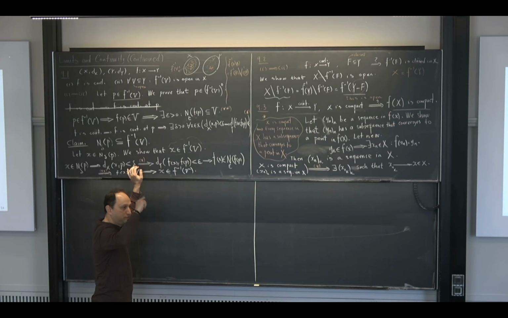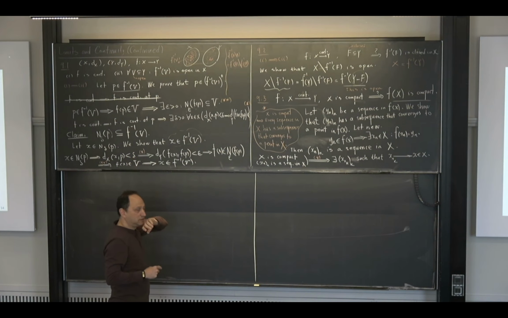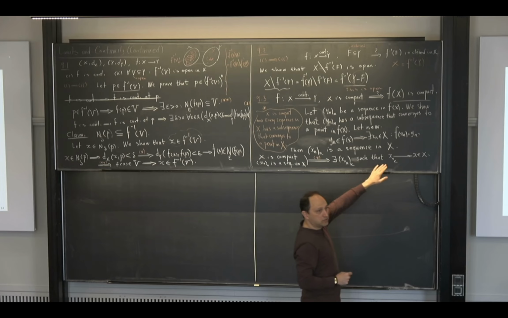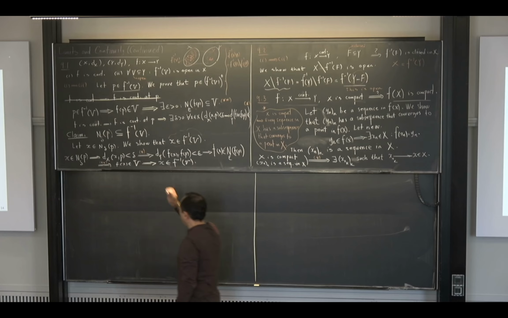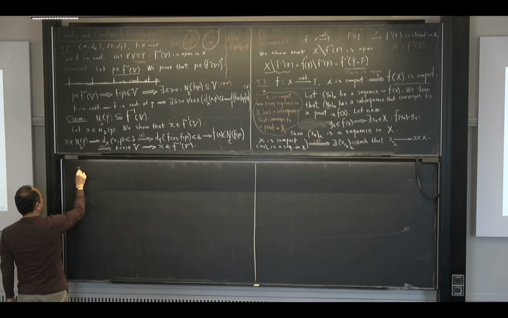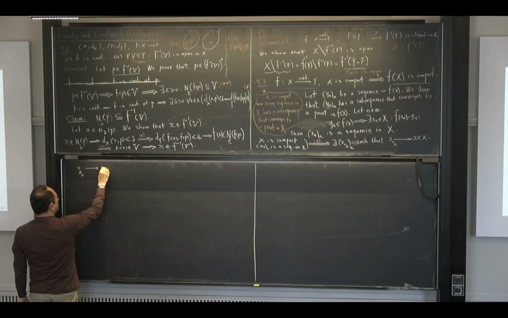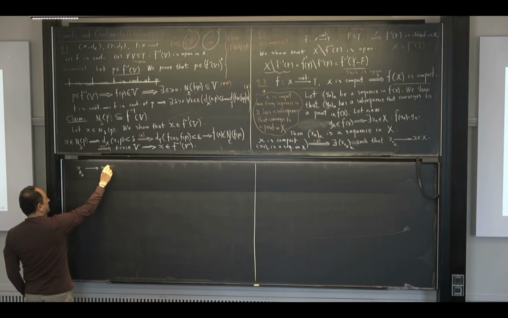It needs a theorem from yesterday. I have a sequence that converges to x. The function f is continuous. Okay? x sub nk converges to x in x, and this is in x. F is continuous.